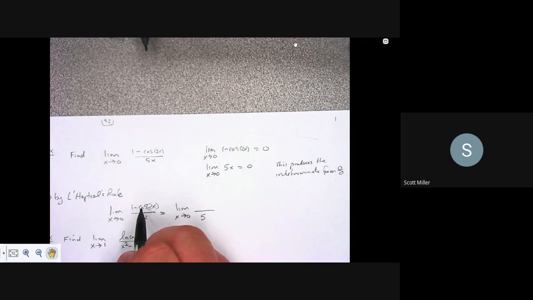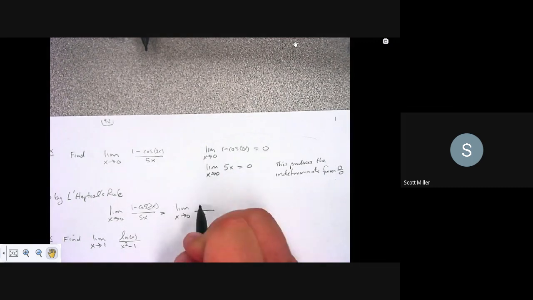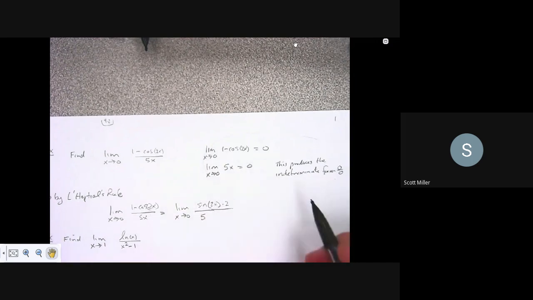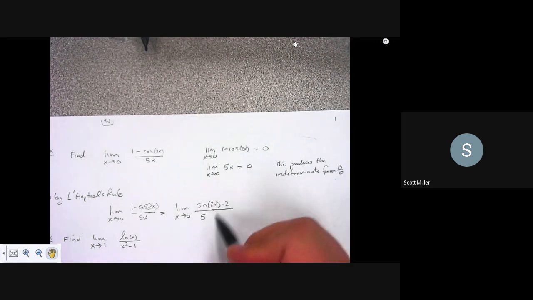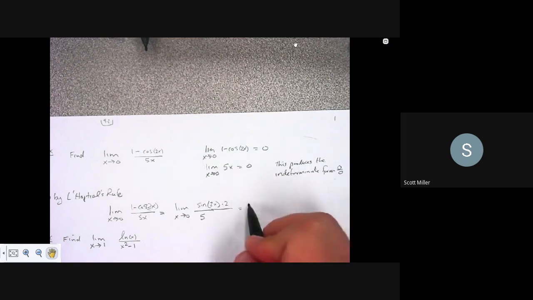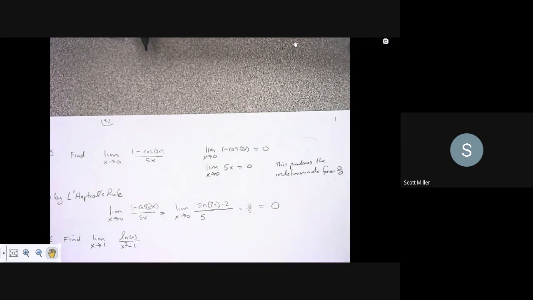The derivative of the cosine is minus the sine, so a negative, negative, and I'm going to get the sine of 2x and then times the 2. Can I plug in 0 now? Yes, see, now I'm not going to get 0 on the bottom. So now I can plug in 0. The sine of 0 is 0, so this is going to be 0 over 5, which is 0. That is my limit, and you are done.